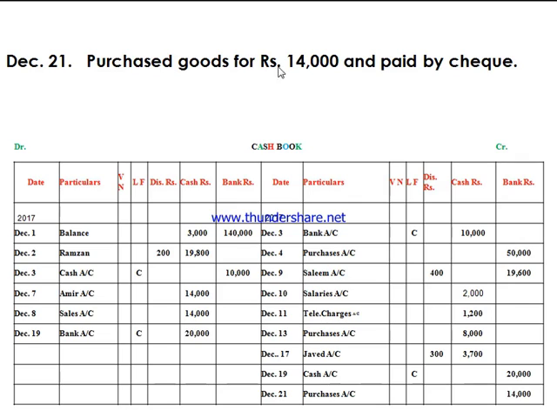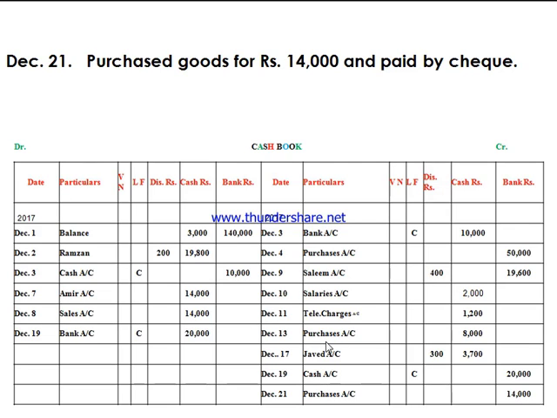Next is purchase goods for rupees 14,000 and paid by check. Paid. Therefore, the payment transaction will be recorded on the credit side of the cash book. December 31st is the date, purchases, and in the bank column 14,000 as we made the payment through the bank.